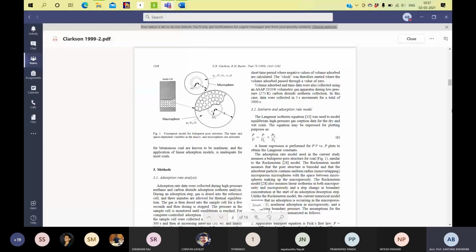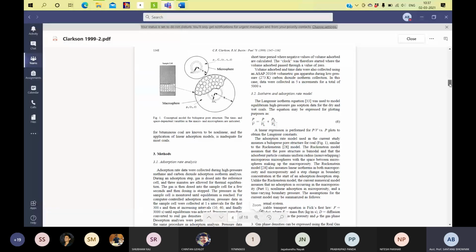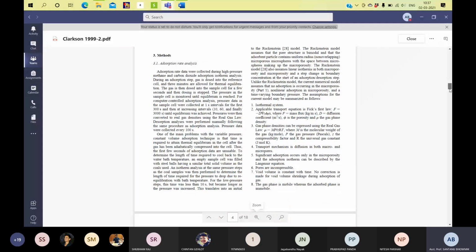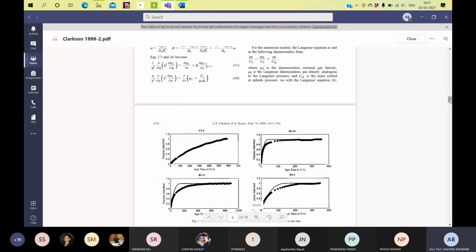Now with this they have taken the Langmuir modeling, and in this paper they have done various numerical calculations for the different bidisperse pore models. They have done the simulation for both the unipore model and the bidisperse model. The two models I have shown you are the fundamental unipore and bidisperse pore modeling.